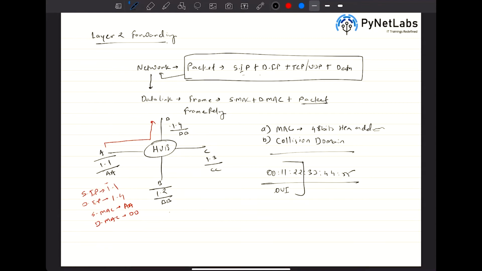It identifies the name of the manufacturer of the NIC, the network interface card.